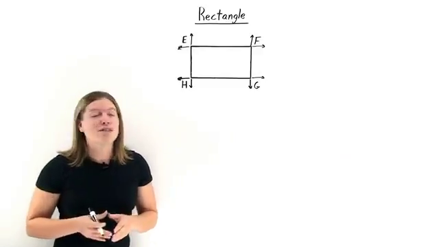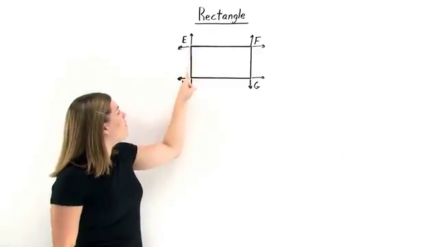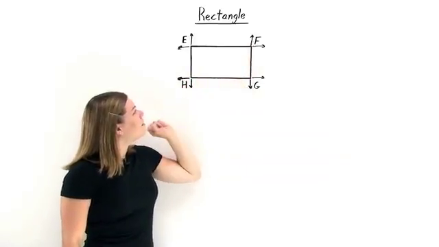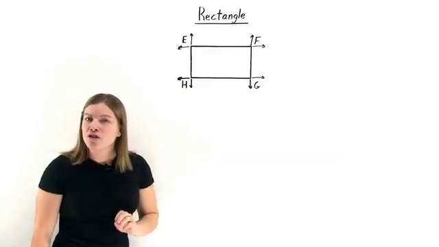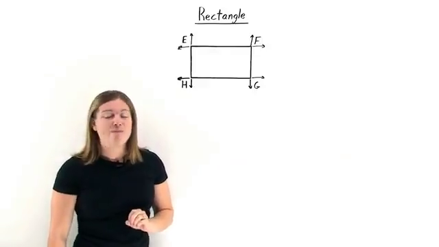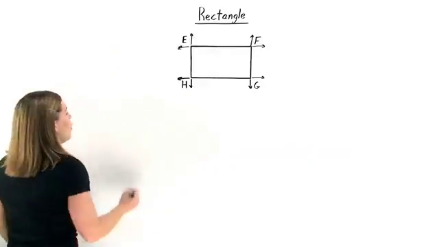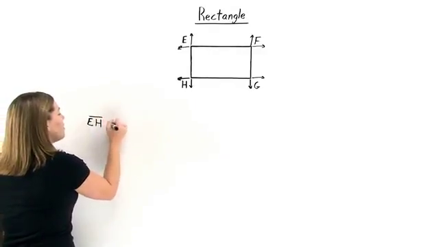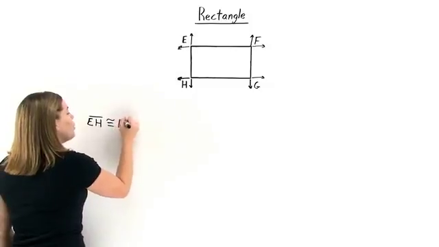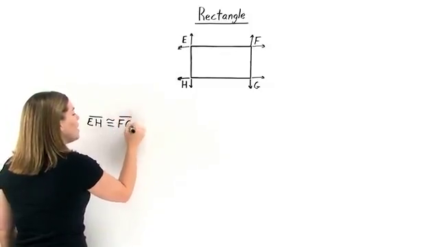Now, let's look at those sides again. Here we have this side and this side. We know that they're parallel to one another, but they also look like they're the same length. And in fact, in a rectangle, those opposite sides are indeed the same length. That means that they're congruent to one another. So, we can write this statement here.